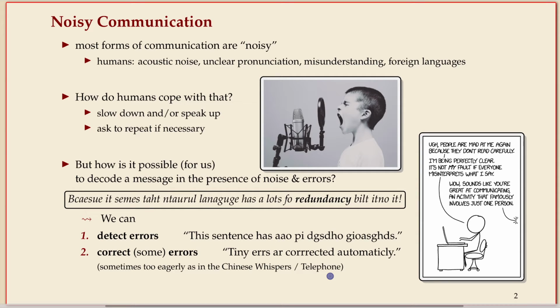Yeah, I think telephone is the American version. And yeah, some similar term to Chinese Whispers is the German one. So somehow it's associated with Chinese, which is probably just because it's very foreign for Europeans. So we try to automatically correct something that we hear to something that makes sense to us, and we are very eager in doing that, sometimes too much so.